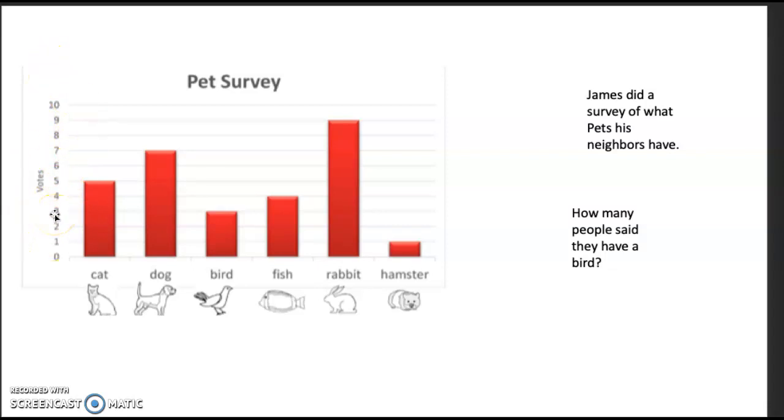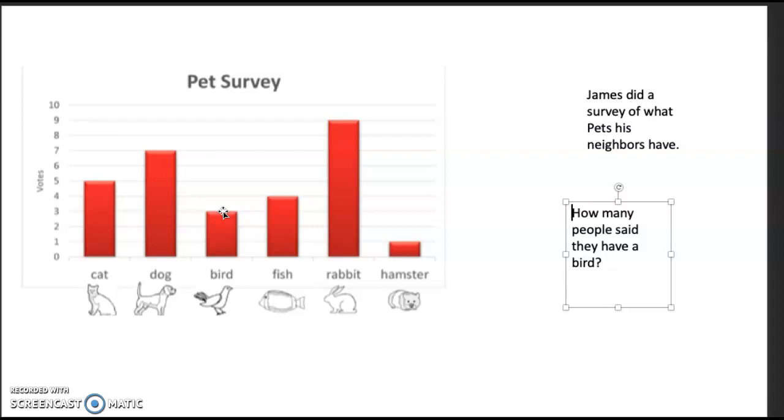So let's take a look at this and read this. If we were to answer this question right over here, how many people said they have a bird? Well, what we would do is we would still go to the bottom, find the bird, oh, there it is, and then we would say, okay, here's our column, nice and neat. And we're looking to see where our little rectangle right here ends, right?